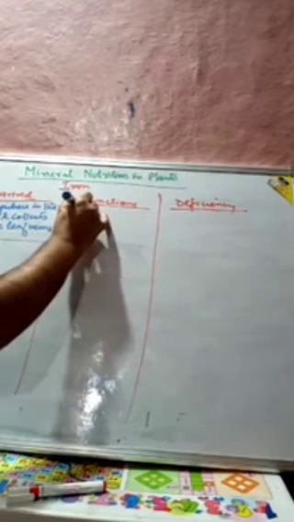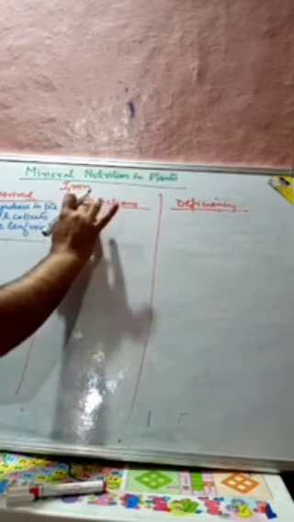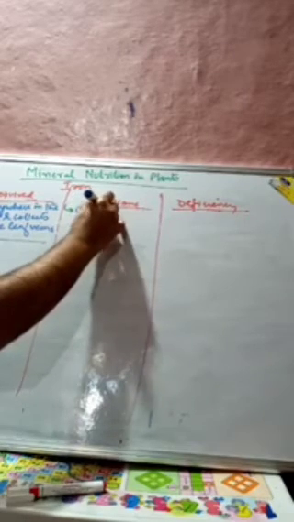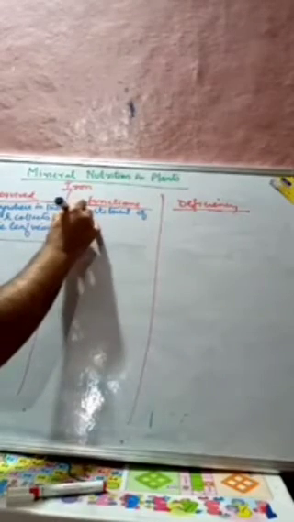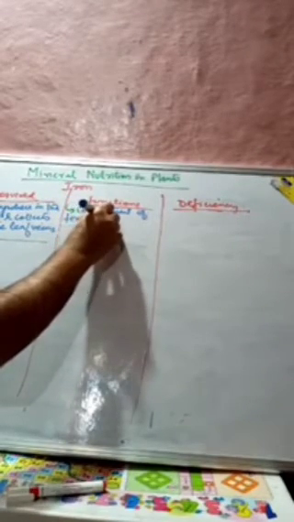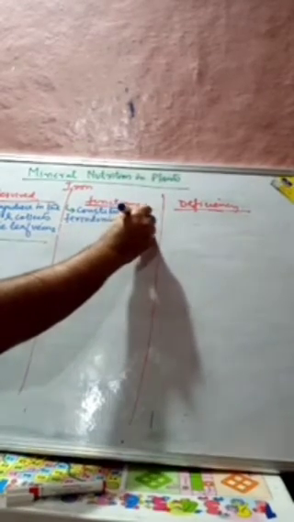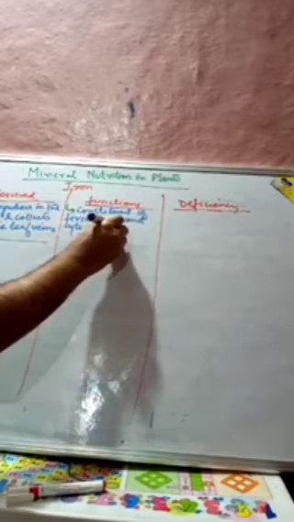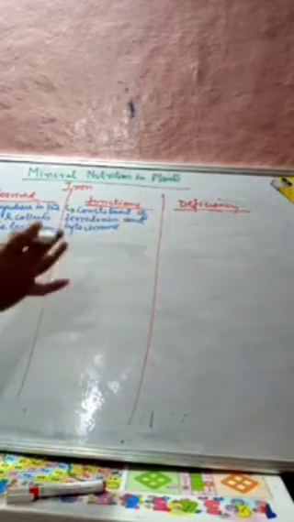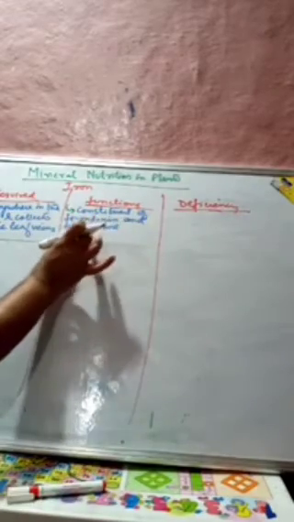Now what are the functions of what we call iron? It is the important constituent of ferredoxin and cytochromes.